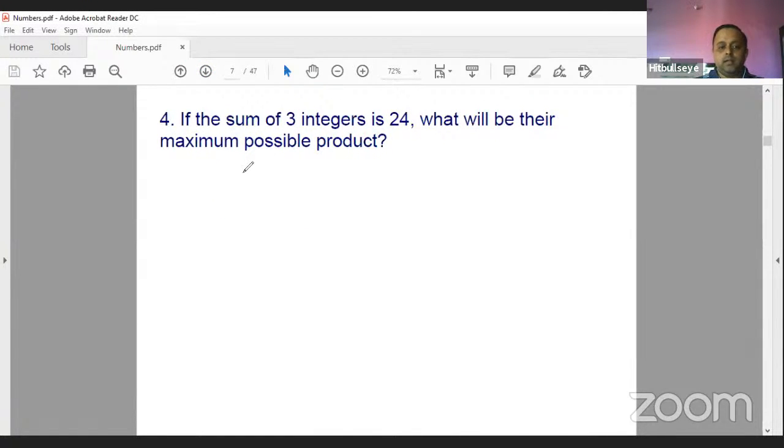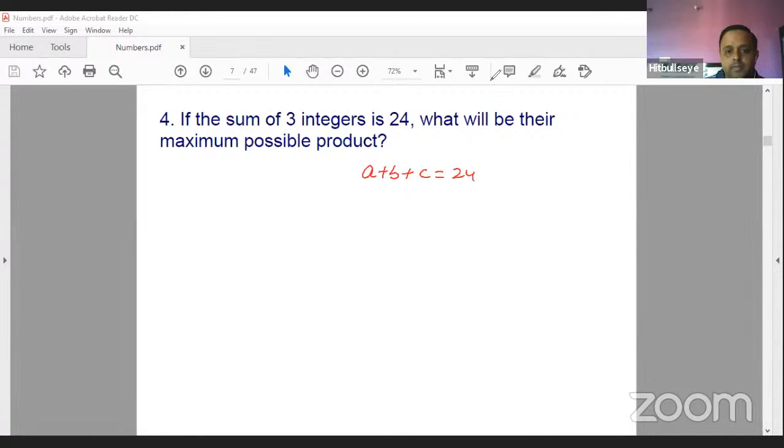Now this is a question which is the reverse of the previous one. It says the sum of three integers is 24. What will be their maximum product? Now the sum is given to you, A plus B plus C. The sum is given to you as 24.